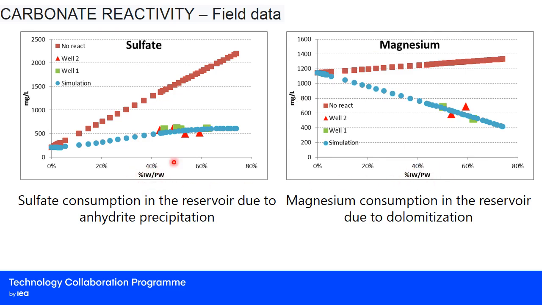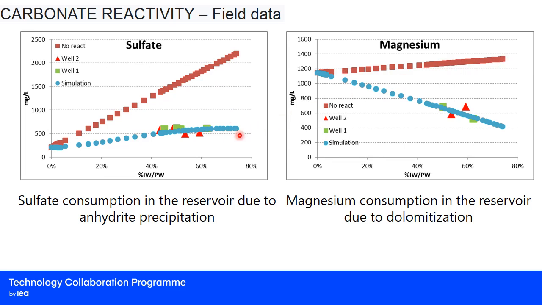We can see in both graphs that we have a dark red curve representing a non-reactive scenario. That means that in this case, the produced water is merely a function of the mixture between injected water and the formation water. For sulfate and magnesium, we can see a growth in the concentration due to the high values of sulfate and magnesium in the seawater.